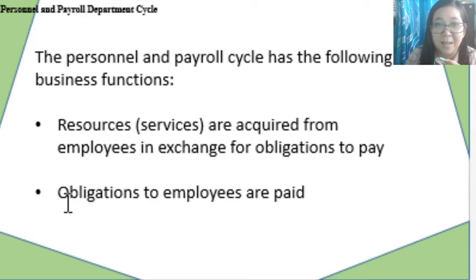Another is obligations to pay. Our obligations to employees are paid as mentioned. This is under the payroll function of this cycle. There are a lot of bases for providing the compensation of the employees, as you all know in your cost accounting, under accounting for labor cost.